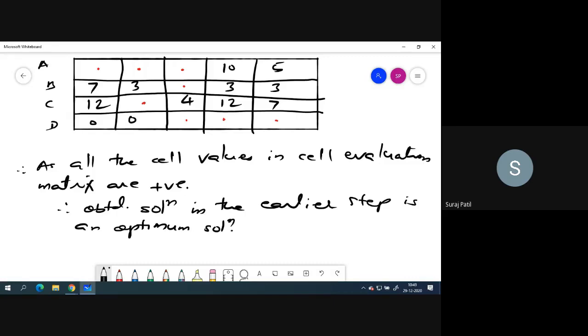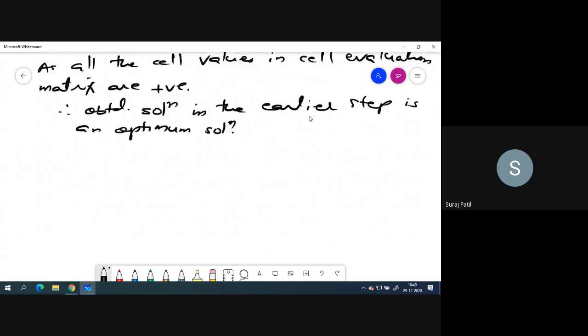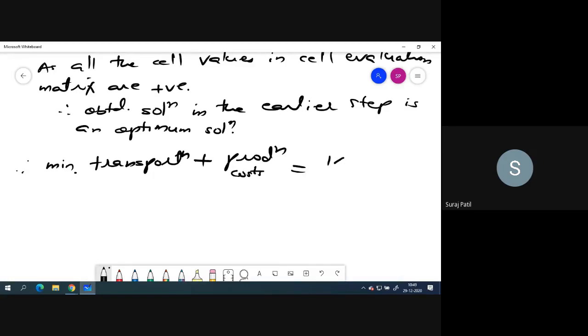Therefore, minimum transportation plus production cost is equal to 1465.